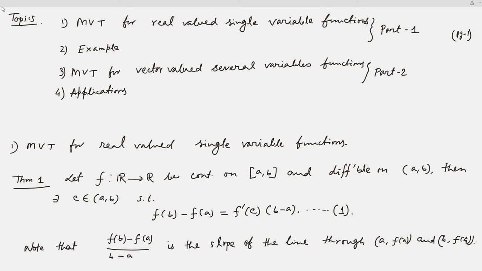Let us go to the next page, page number 2. If you have two points (a, f(a)) and (b, f(b)), then there exists a unique Euclidean straight line through them, and its slope is given by (f(b) minus f(a)) over (b minus a).